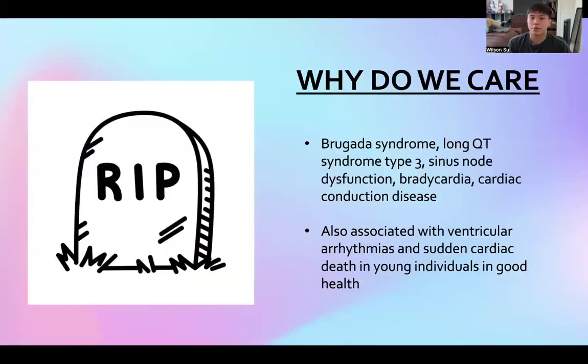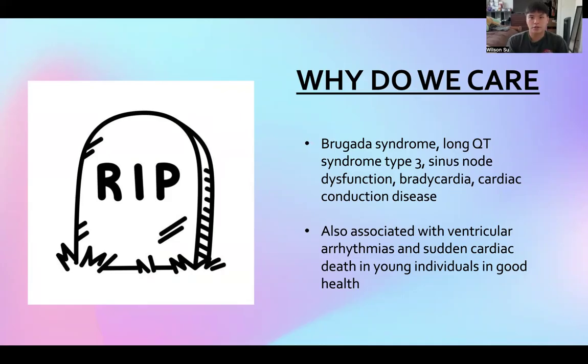So why is this even important? A lot of the gene mutations from SCN5A can be tied to heart conditions like Brugada syndrome, long QT syndrome type 3, sinus node dysfunction, bradycardia, and cardiac conduction disease.